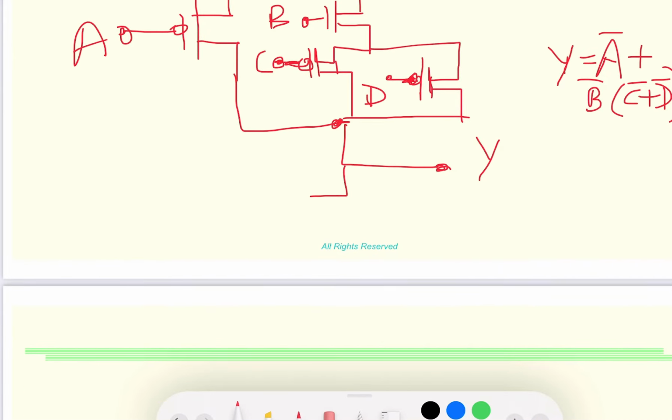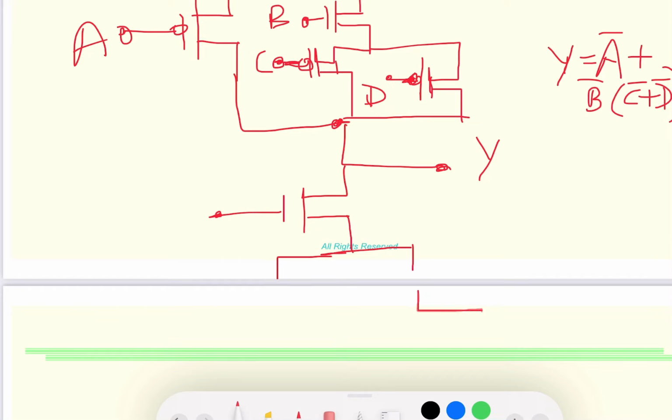All right, so A is now in series. They both have to be active, but there are then two branches.